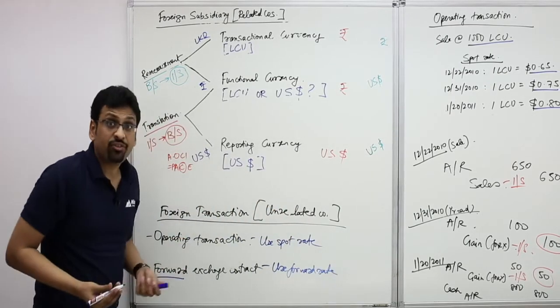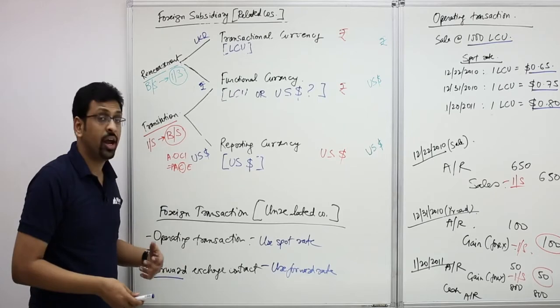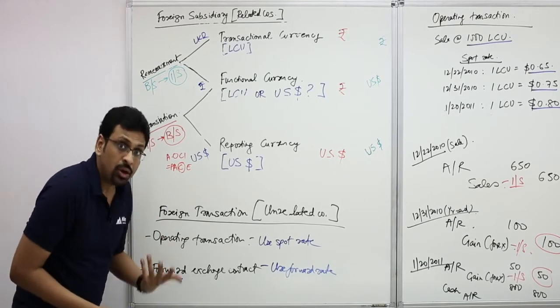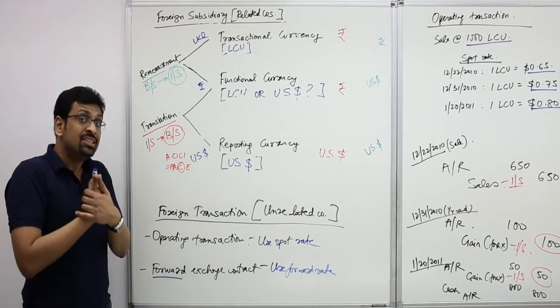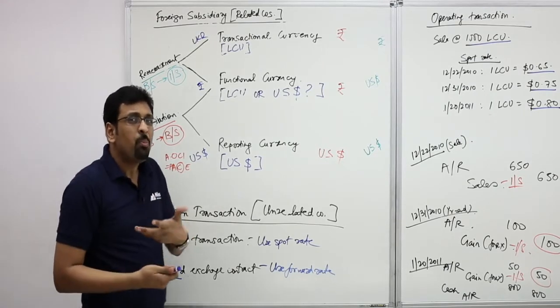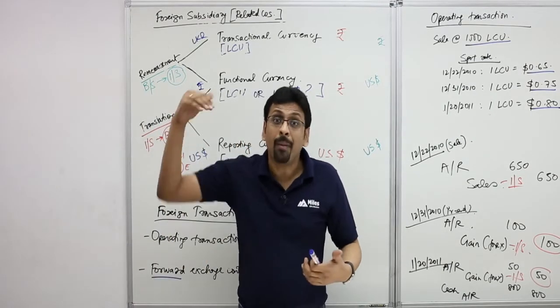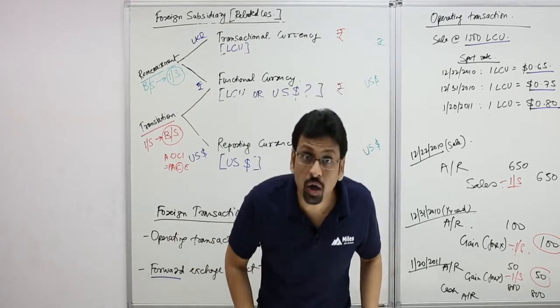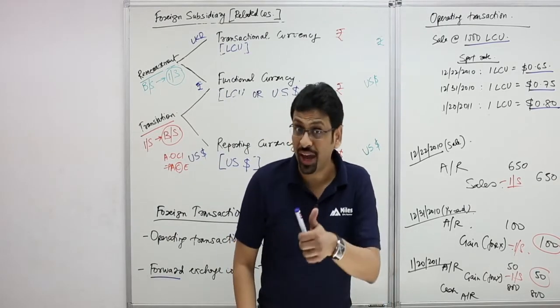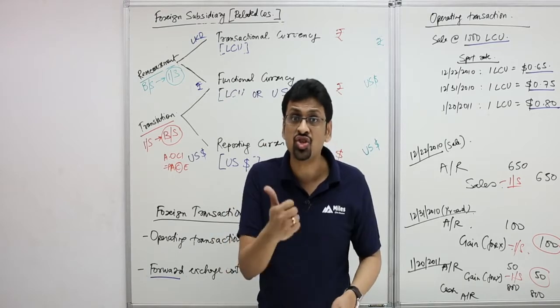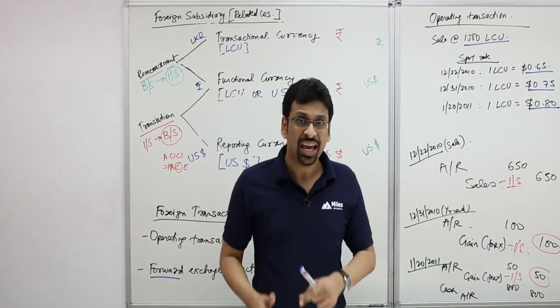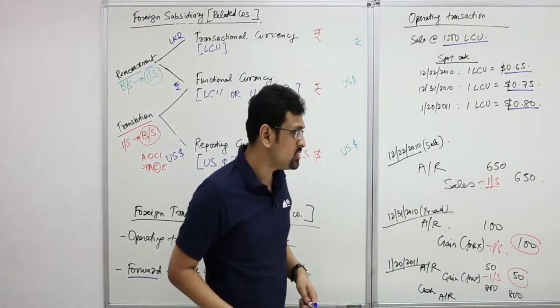Now, as for derivative contracts, a forward exchange contract for foreign currency could happen due to two reasons. Number one, speculation. We're trying to profit from market fluctuations, or it could be hedging. And for hedging, we could have a fair value hedge or a cash flow hedge. And let's look at all this on the other side of my board.